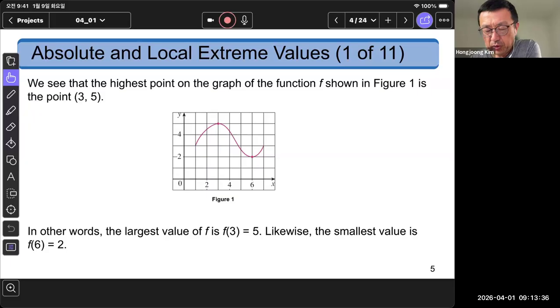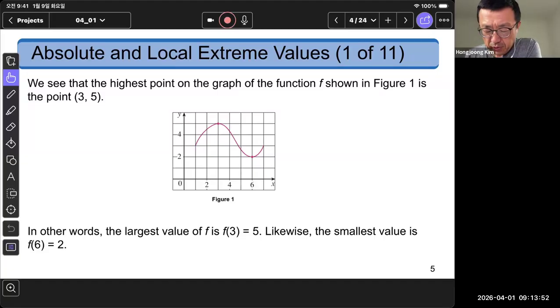Okay, so in figure 1, suppose that we have the graph in pink as in figure 1, and suppose that we want to find the maximum, the largest value, and the smallest value that this curve can take.